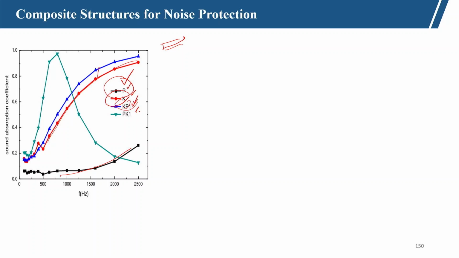But in case of polyethylene, if we put it at the front and the nanoven, that is K, kapok nanoven, is put at the back, then we found that there is a significant increase in the sound absorption coefficient up to say 700, 800 hertz frequency, but after that when it crosses, there will be a significant drop in the sound absorption coefficient at higher frequency.